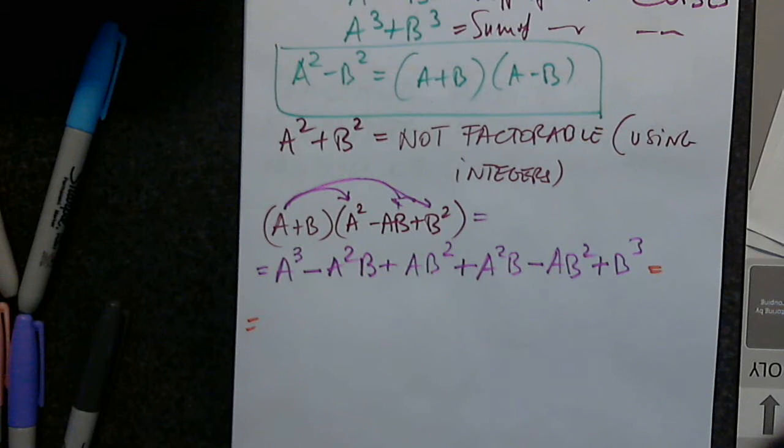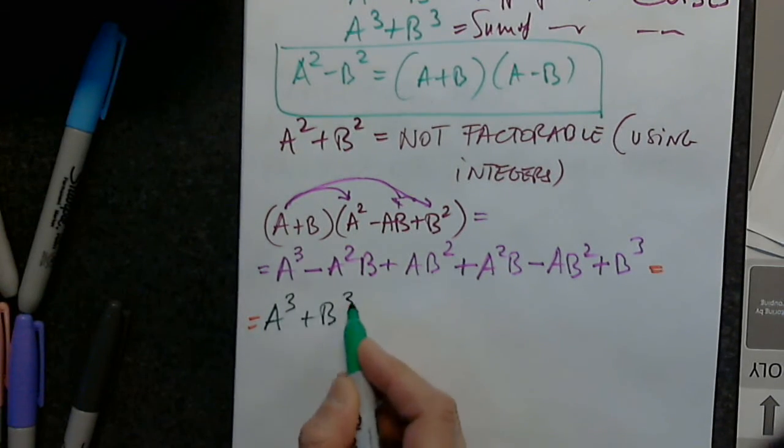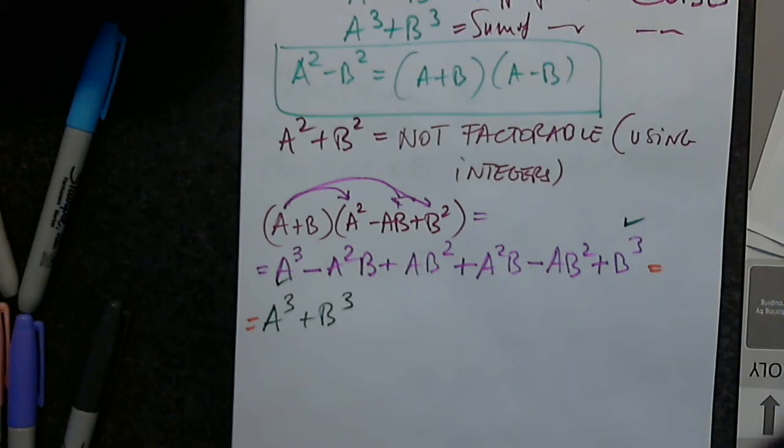Any suggestions? I'll take anything cubed and put it to the left first. So I would do A cubed plus B cubed. Okay, so we put these two. And then whatever's left that matches: we have AB squared minus AB squared, so those would negate each other.